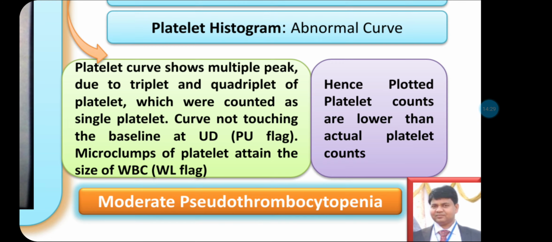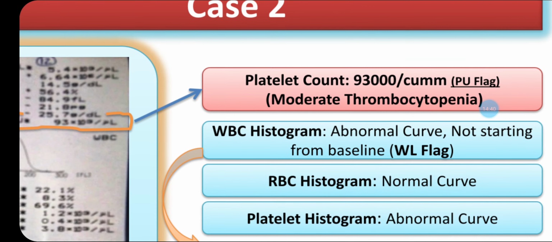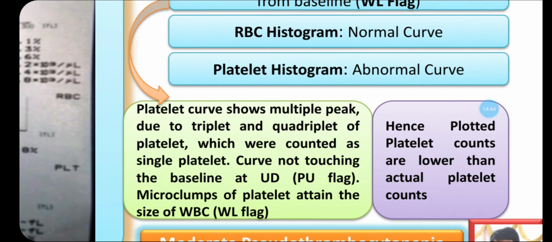The actual platelet count of this patient is basically normal, whereas the plotted count is around 93,000, which is a moderate type of thrombocytopenia.